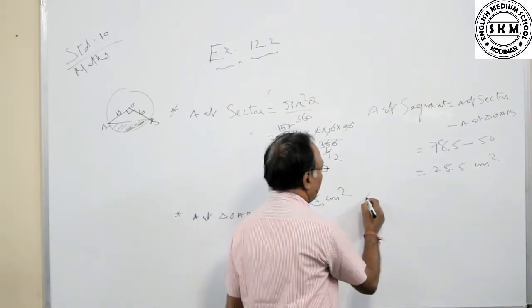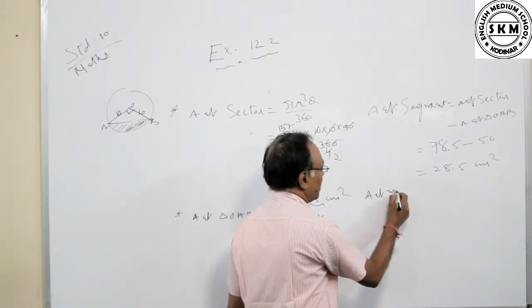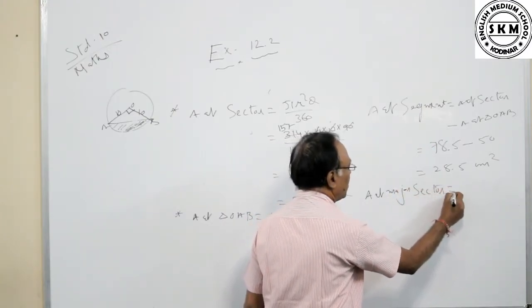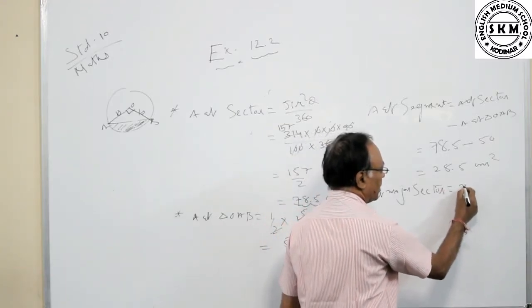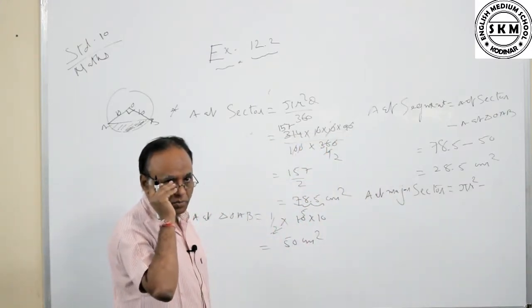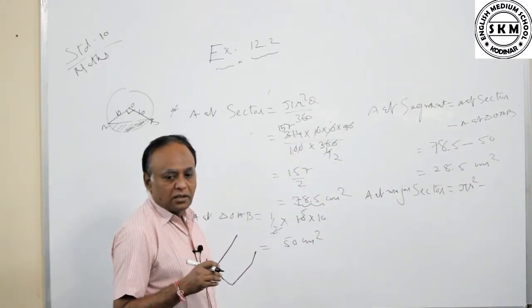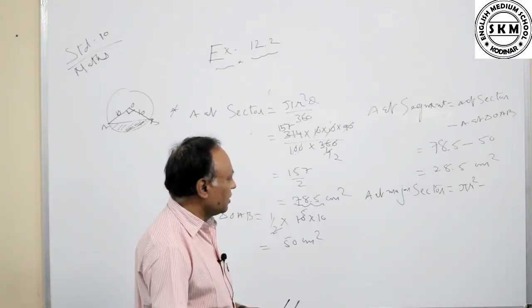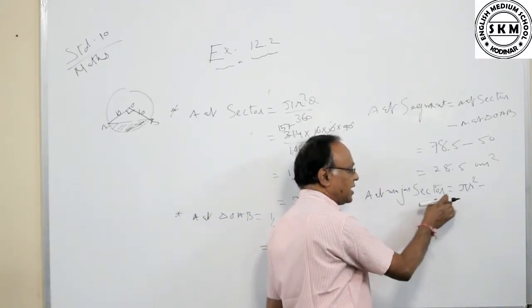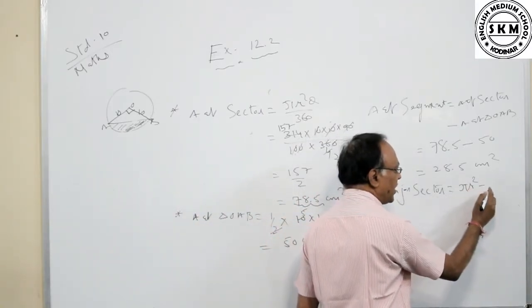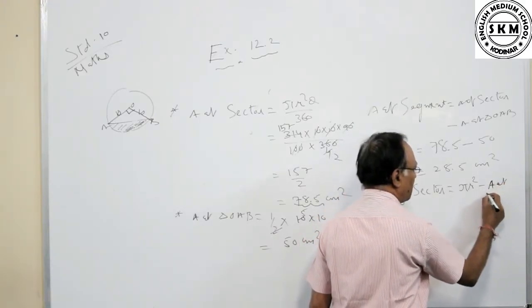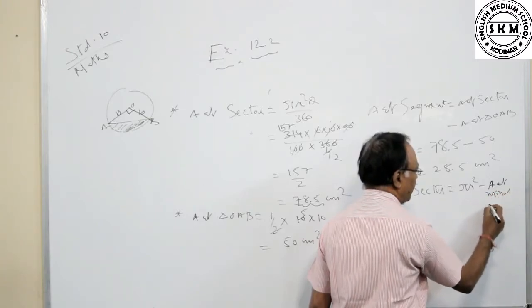The area of the major sector is equal to the area of the circle, pi r square, minus the area of the minor sector.